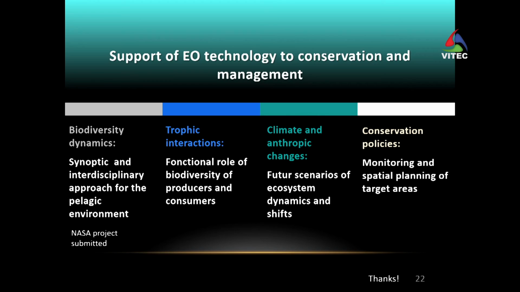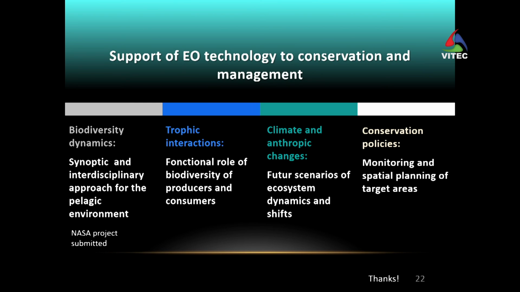So, concerning the environment, I can say that the support of Earth observation technology is very important, and we can't neglect it at the point where we are, because satellites can give us synoptic and year-round information with very good spatial and temporal scales, in particular for the pelagic environment.